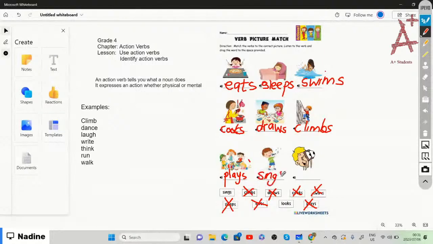And the last one is looks. So these are all action verbs, and they basically show what the noun does.